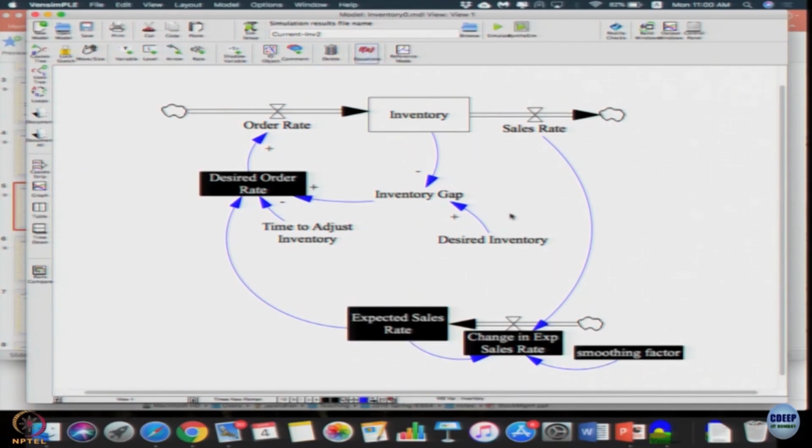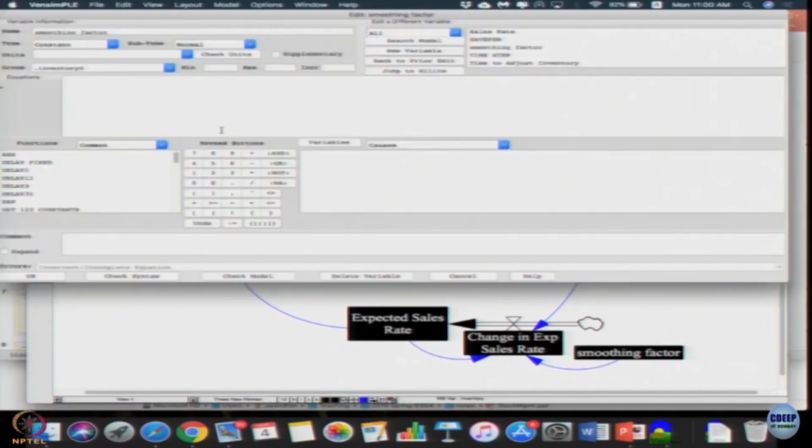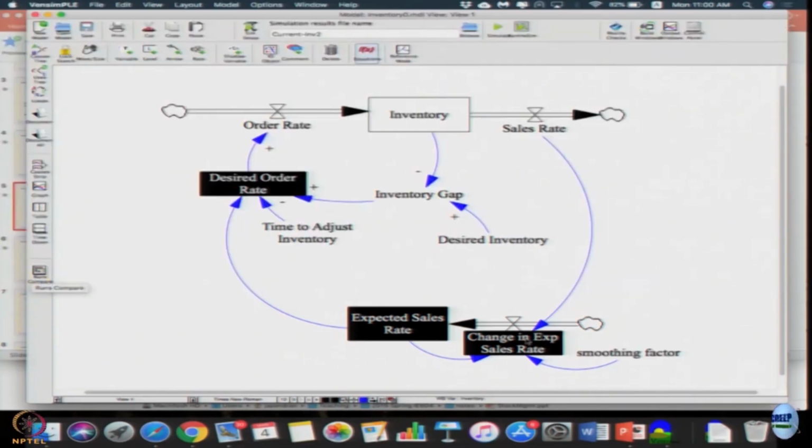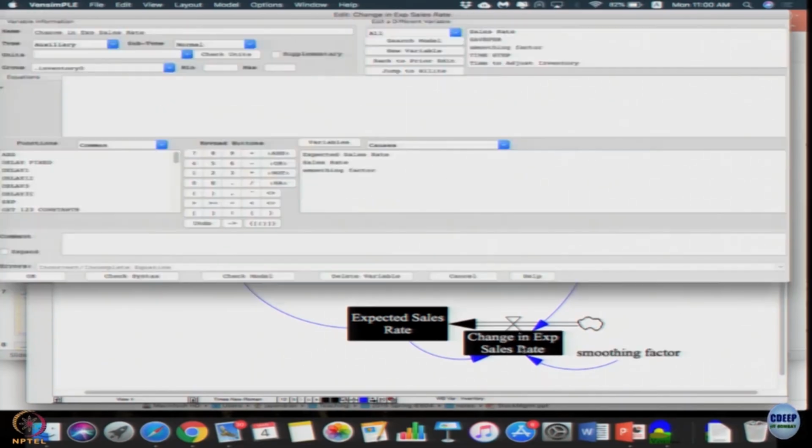Got this. So, smoothing factor, let us start with 0.2, 1 per day is the unit. Change in expected sales rate is sales rate minus expected sales rate multiplied by the smoothing factor, because I am just adjusting it based on the current value of the stock.